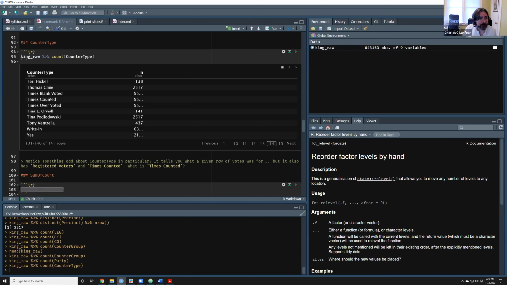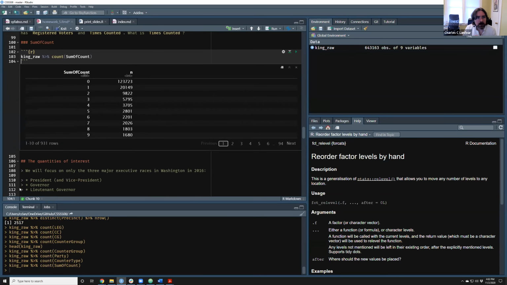If we go to sum of count over here, what does sum of count contain? If we run a count on a variable like sum of count and the result comes out like this, what do you think it contains?